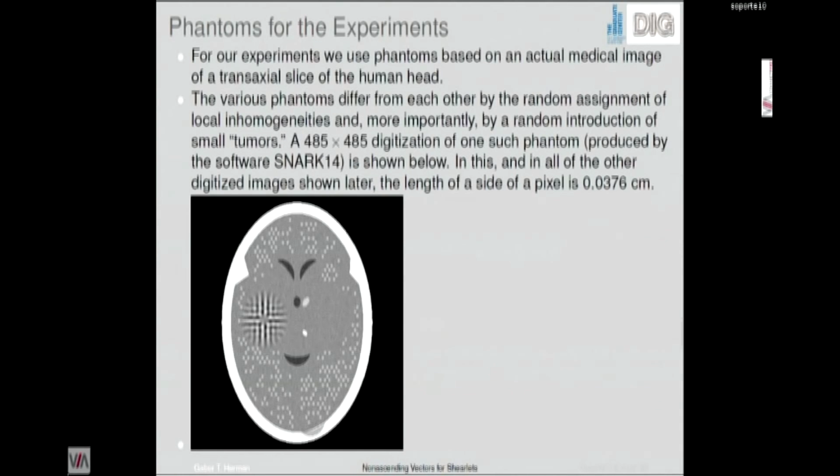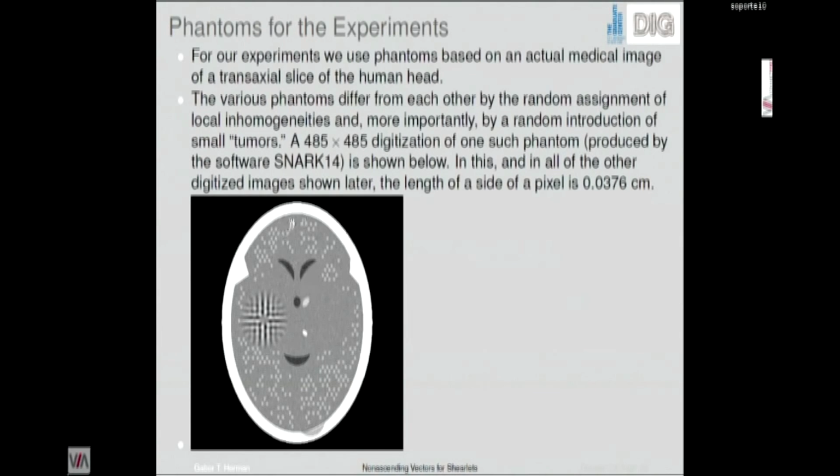Well, okay, it depends on the application. This phantom has been designed to test how good the algorithms are for seeing small tumors in the brain. So these little white discs are the mathematical simulations of small tumors.